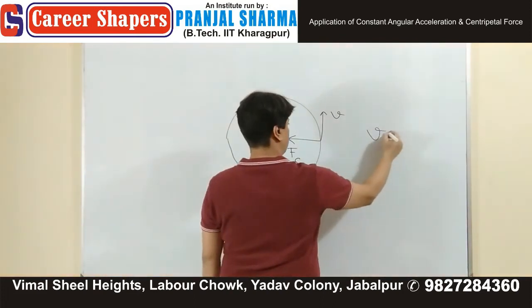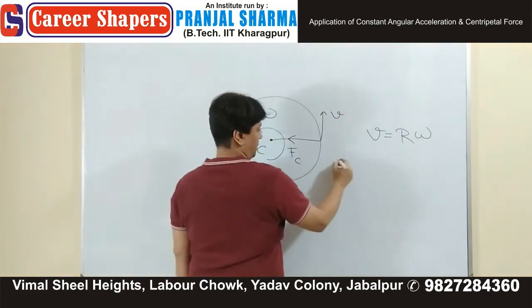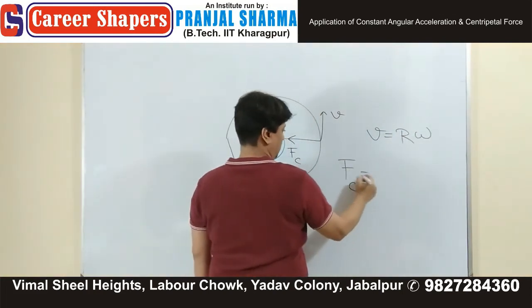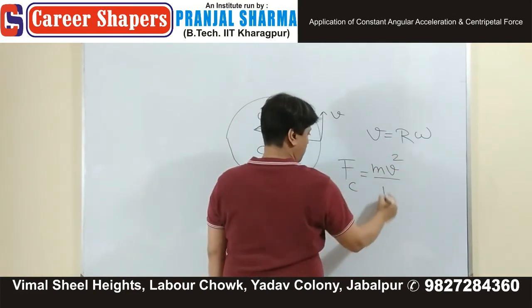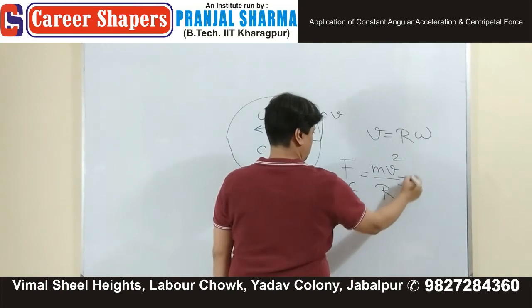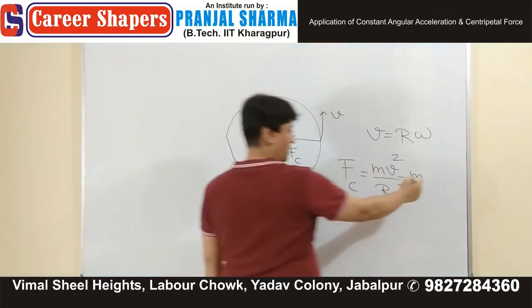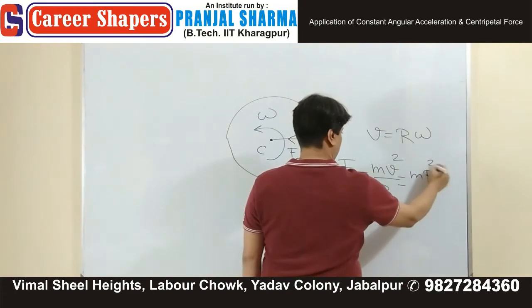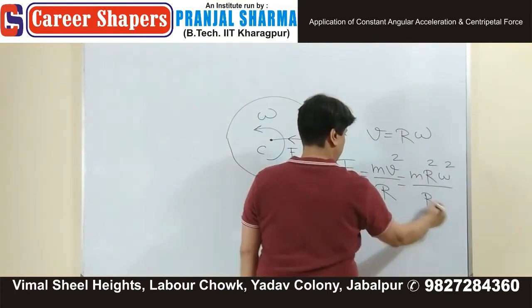What is V? V is r omega. What is the value of FC? M V square divided by r. That is m, and V is r omega, so r square omega square divided by r.